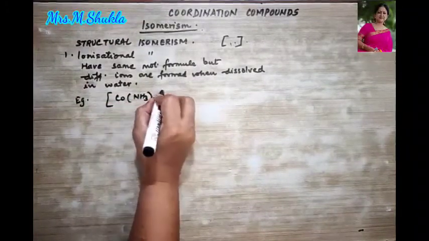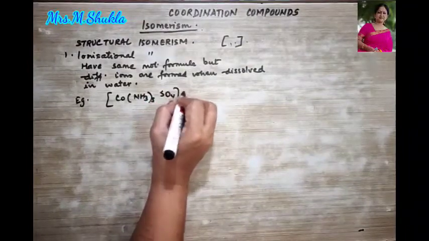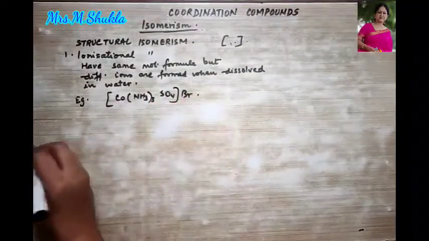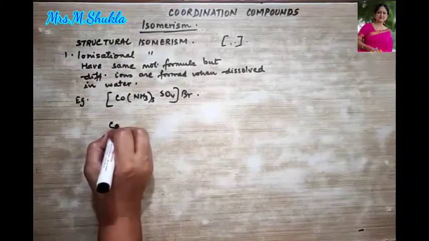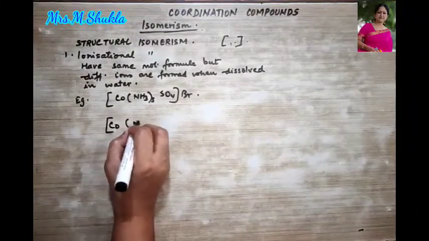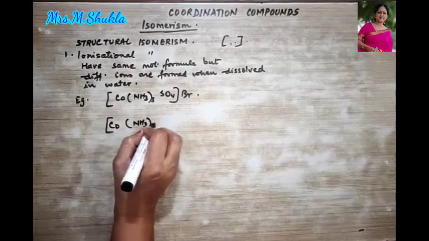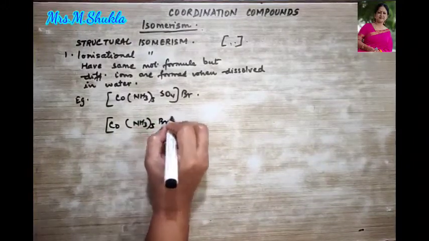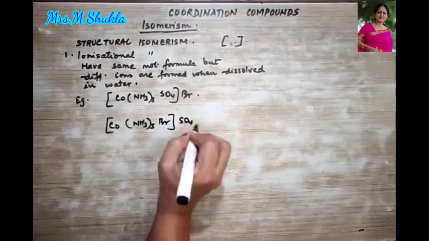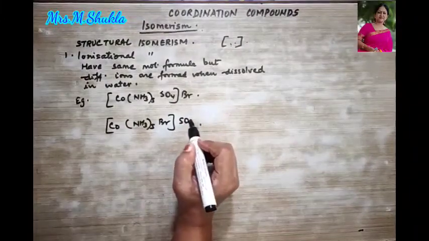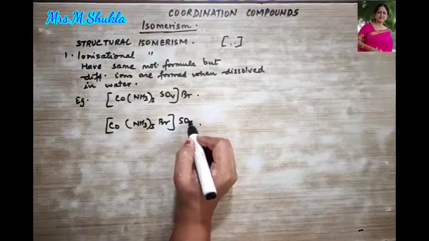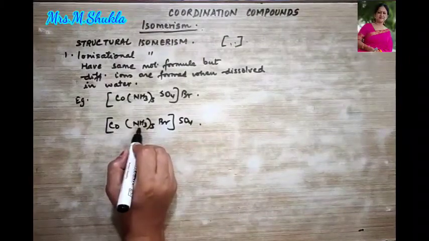Now let's take an example over here, like Co(NH3)5SO4Br, okay, and the other one will be cobalt NH3 5, I write Br inside and SO4 outside. So now what is this? This is your secondary coordinate sphere and this is your primary coordinate sphere.